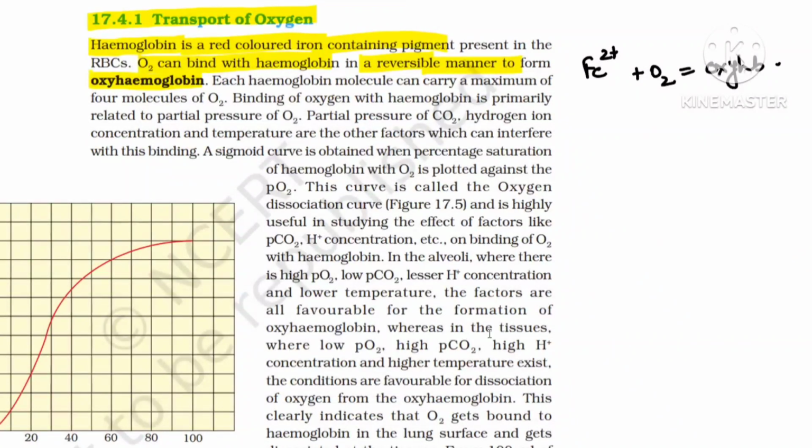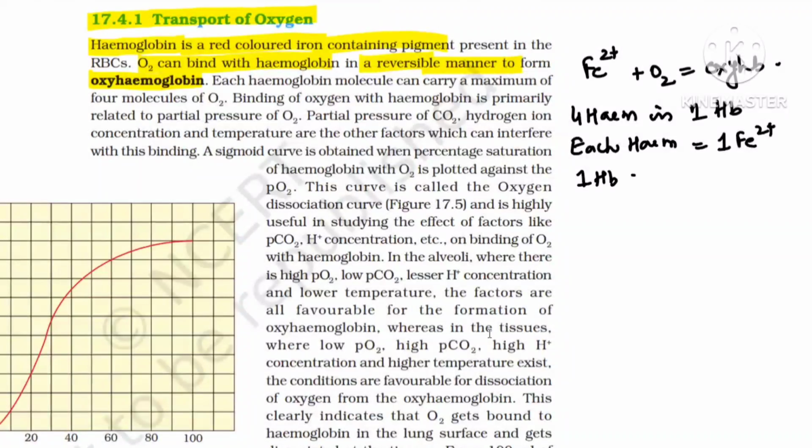Now, there are 4 heme groups present in one hemoglobin. 4 heme in one hemoglobin molecule. And each heme has one iron, Fe2+. So it means one hemoglobin will have 4 iron. Logically clear? One iron will be able to transport one oxygen molecule.